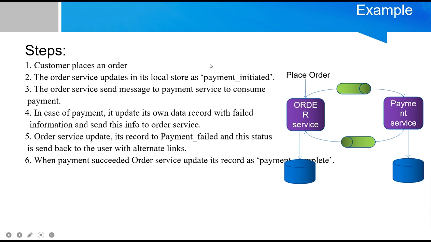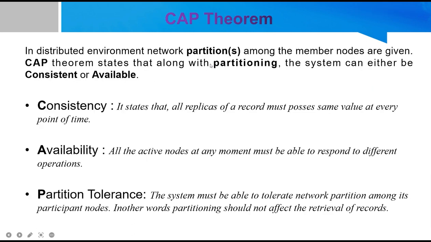And now the next concept that comes is the CAP theorem. The CAP theorem is again majorly used for distributed environments, and CAP states that C refers to consistency, A refers to availability, and P refers to partition tolerance.